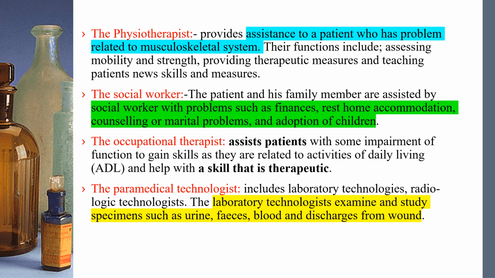Next comes the social worker who will be discussing your problems like finance, rest, home, accommodation, child adoption, etc. Then comes the occupational therapist who will assist the patient if they are having some impairment of a particular skill, that is therapeutic. Next one is the paramedic technologist who will be there to examine and study various specimens like urine, fecal matter, blood, discharges from the wound.